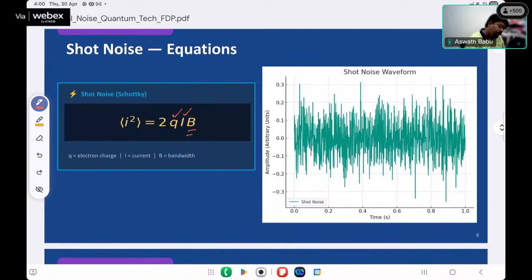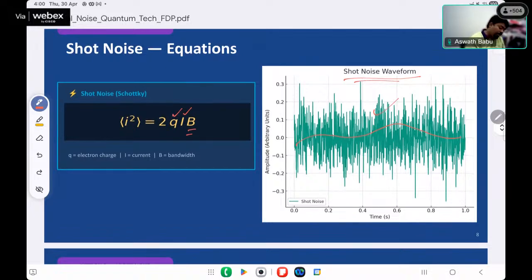If you draw the amplitude of the signal with respect to time, you see a lot of noise. Here, whether the signal is like this or not, I don't know, so we have to eliminate the noise and then get it. The shot noise waveform would look like this. We have to find a way to remove that shot noise.